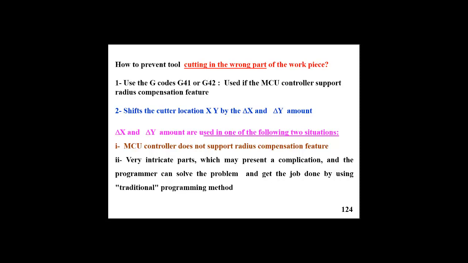So how can we use this second method to shift the cutter location by a certain amount as a corrective amount, dx and dy, in the x or y direction? Let us take some common cases for doing this step.